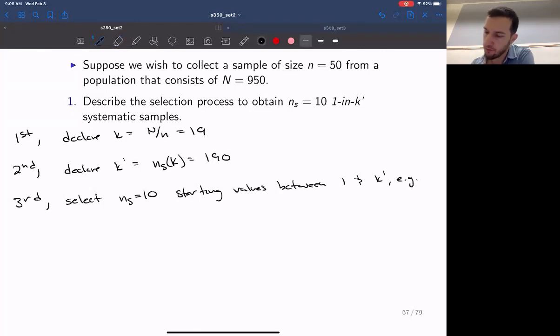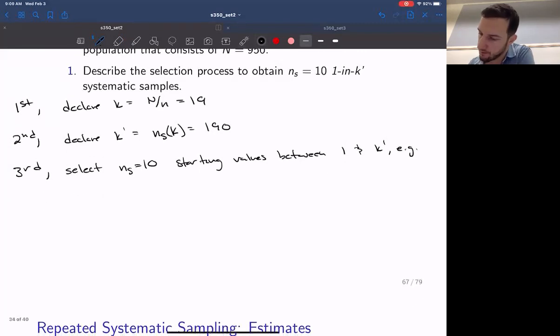All right, so for example, we could have, maybe I can write it laterally like this. So if these are the 10 samples down the side here, you'd have 1, 2, 3, 4, 5, 6, 8, 9, 10. You'd have observation 1. So the starting point is going to be one of those randomly selected numbers between 1 and 190.